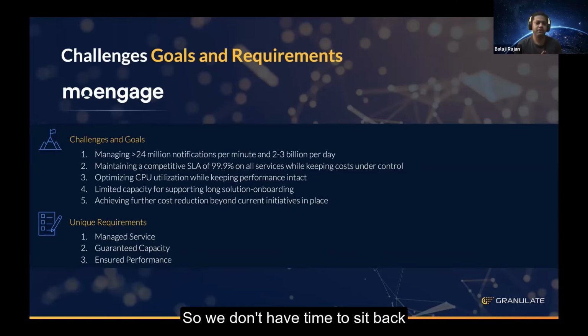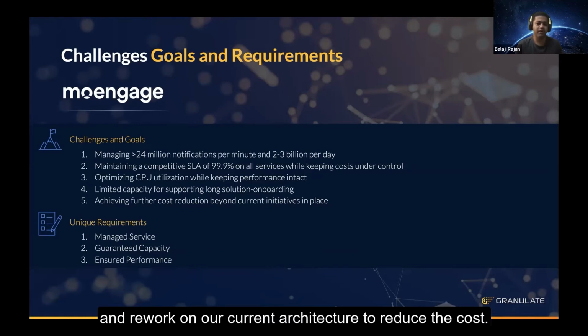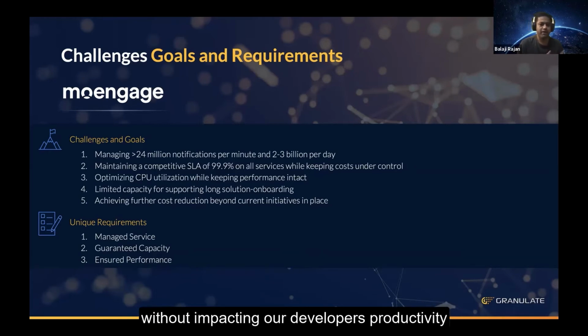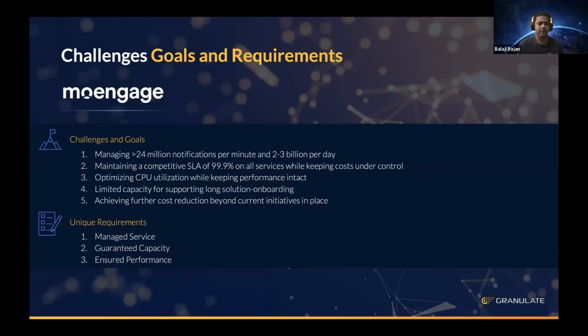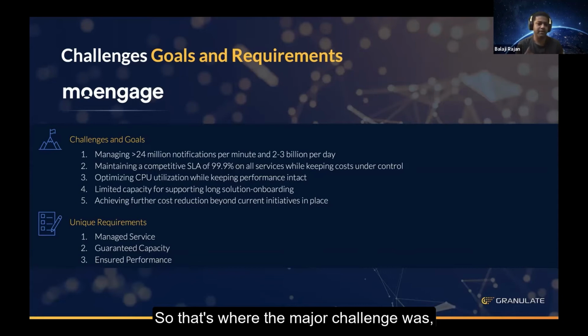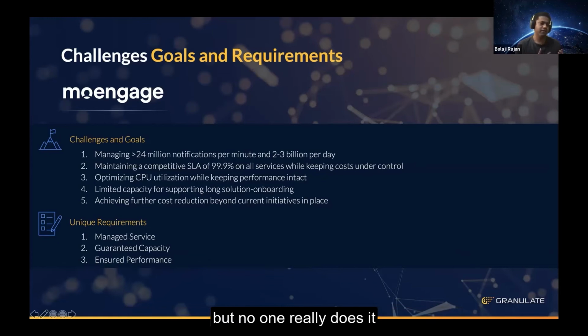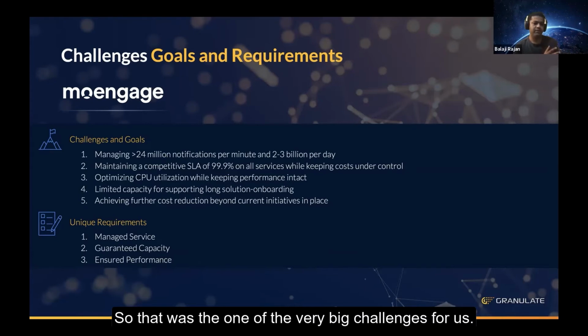So we don't have time to sit back and rework our current architecture to reduce the cost. We were looking for someone who can come and help us without impacting our developers' productivity or without making any changes in our code. That's where the major challenge was, because at this moment most of the players in the market provide visibility into where to reduce the cost, but no one really does it underneath, at the infrastructure layer. So that was one of the very big challenges for us.